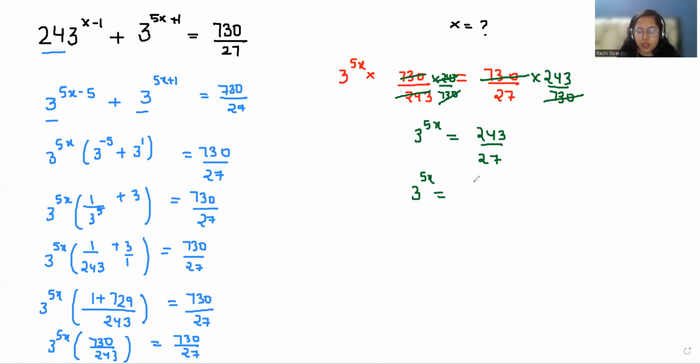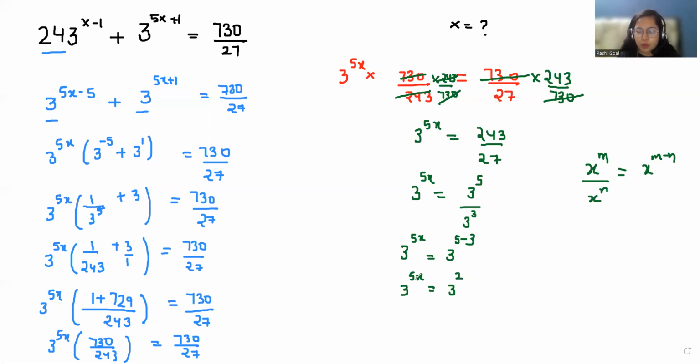In terms of powers, we can write 243 as 3^5 and 27 as 3^3. According to the exponent rule, x^m divided by x^n is x^(m-n). So 3^(5x) is equals to 3^(5-3), so 3^(5x) is equals to 3^2.